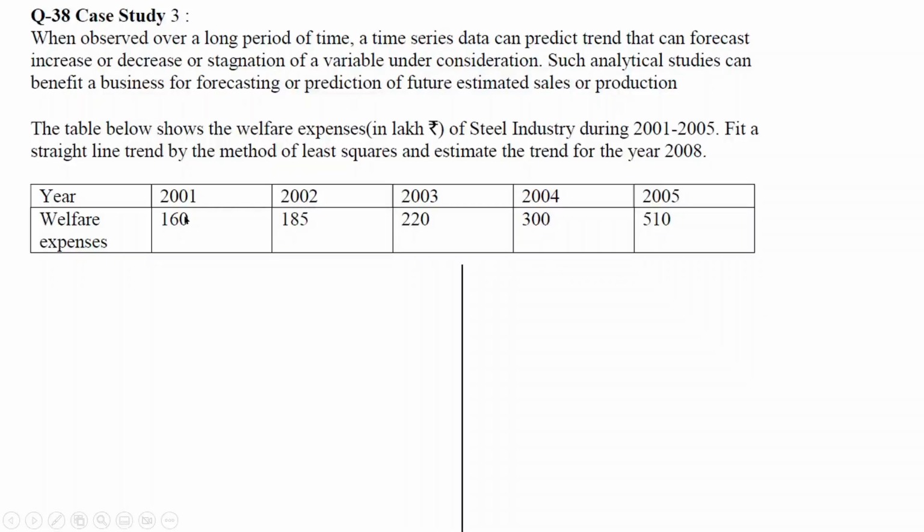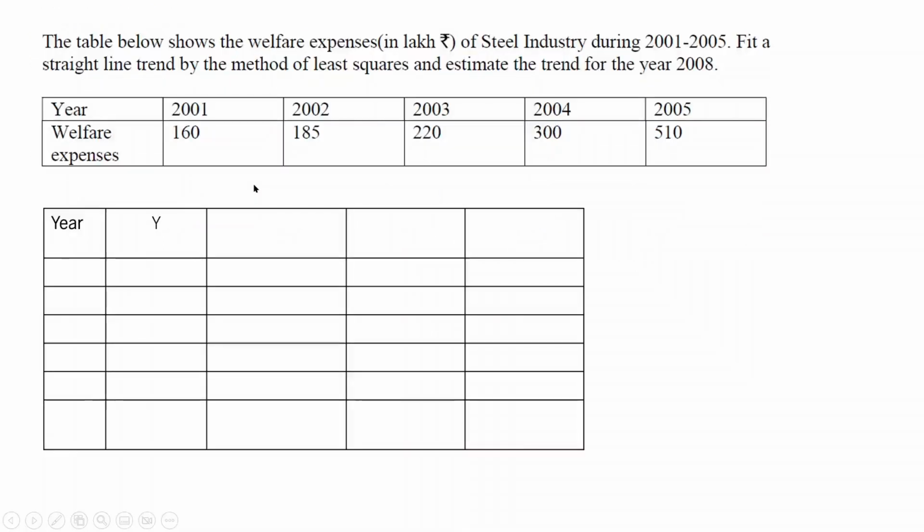So here we can see that for various years from 2001, 2002 to 2005, the welfare expenses in lakh rupees are given. So we have to fit a straight line trend by the method of least squares. So let us draw a table like this. The various years given are 2001, 2002, 2003, 2004 and 2005.